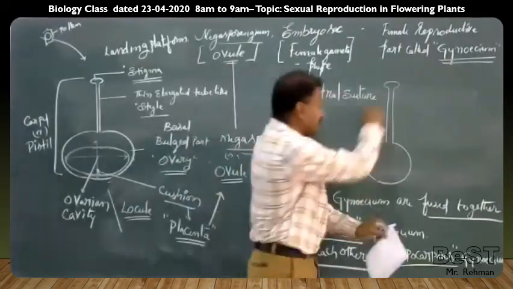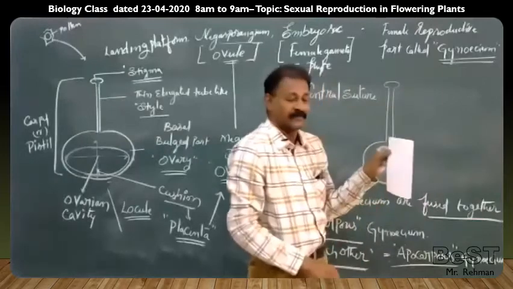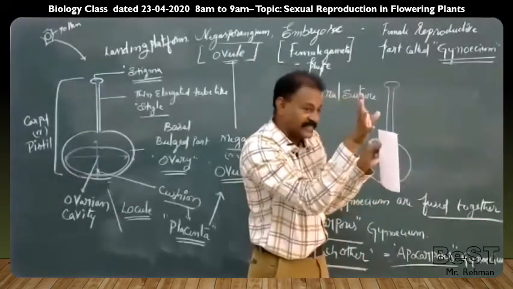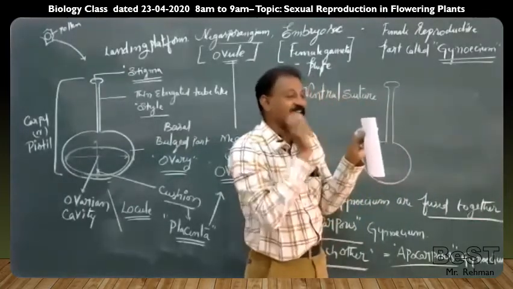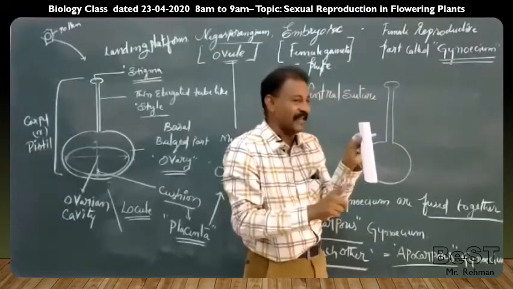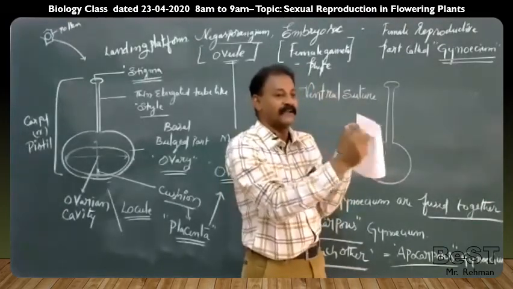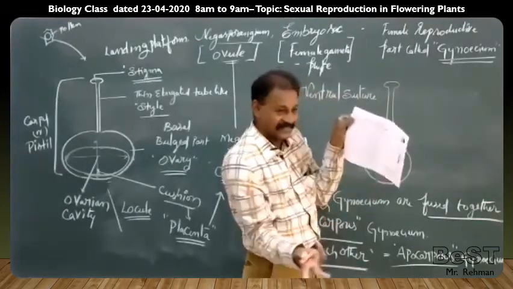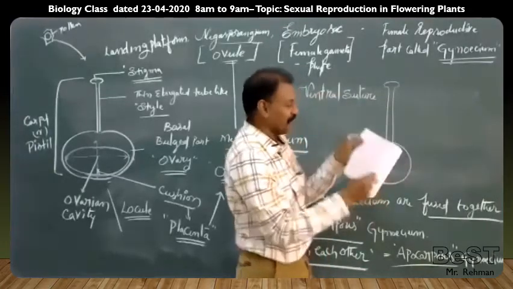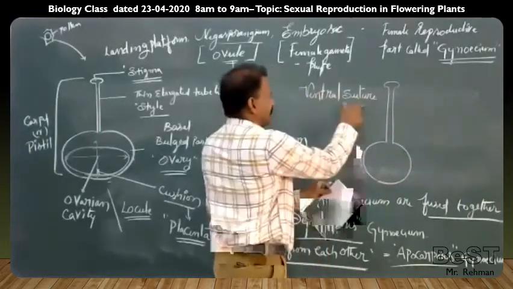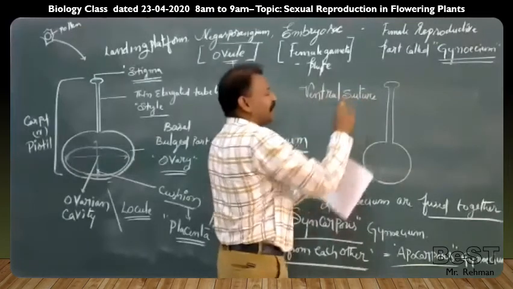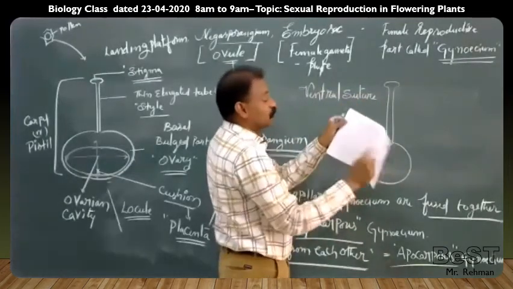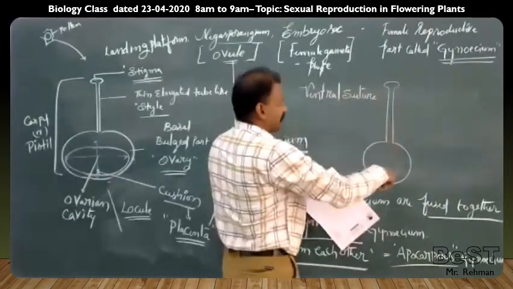When this becomes a fruit and is going to liberate seeds by dehiscence, it has to break. Where will it break? It may break at the ventral suture to liberate the seeds. So, ventral suture is the term given to the place where the two margins of the carpel are joined.